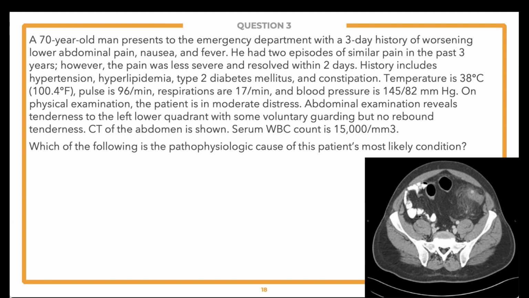On physical examination, the patient is in moderate distress. Abdominal examination reveals tenderness to the left lower quadrant with some voluntary guarding, but no rebound tenderness. CT of the abdomen is shown right here. Serum white blood count is 15,000. So again, which of the following is the pathophysiologic cause of this patient's most likely condition?